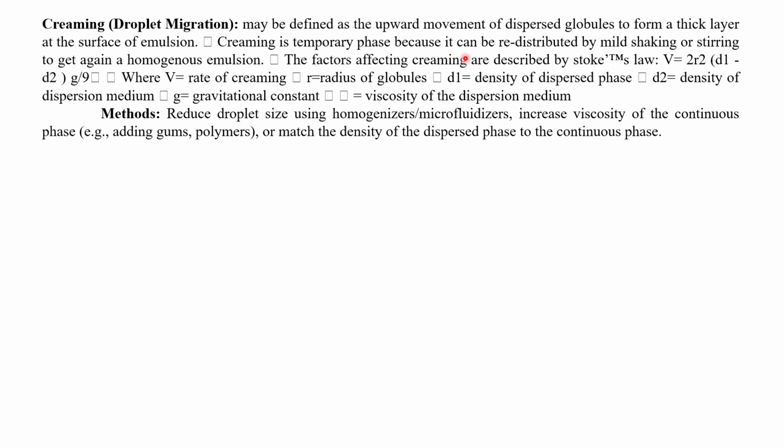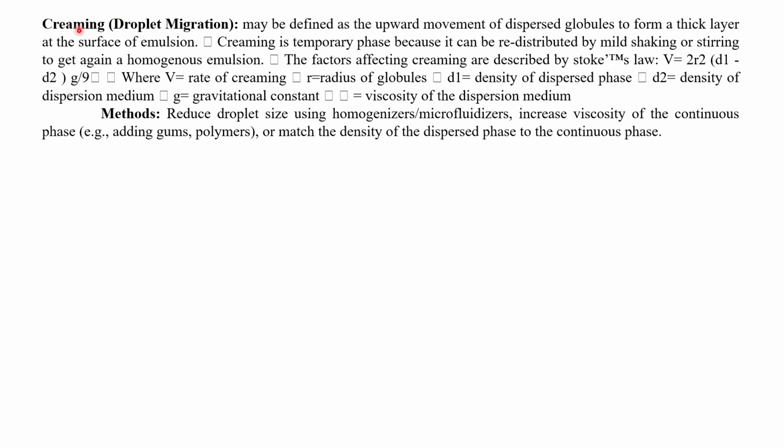So creaming is described by Stokes' law, which will tell why the upward movement of the dispersed globules is observed. This is the formula: V is equal to 2r squared (d1 minus d2) g by 9 eta. V is the rate of creaming, r is the radius of globules, d1 is the density of the dispersed phase, d2 is the density of the dispersion medium, g is the gravitational constant, and eta is the viscosity of the dispersion medium.